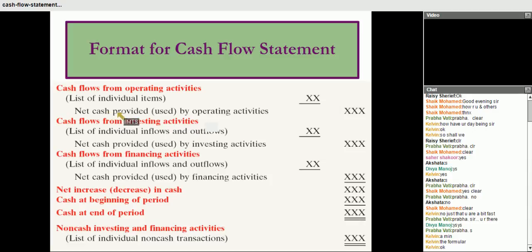Then we will calculate the net cash provided by operating activity. Here also we will list down the inflows and the outflows. Right. And after these three comes net increase or decrease in cash, cash at the beginning of the period, cash at the end of the period, non-cash investing and financing activity. So this is just the format. Clear everyone?